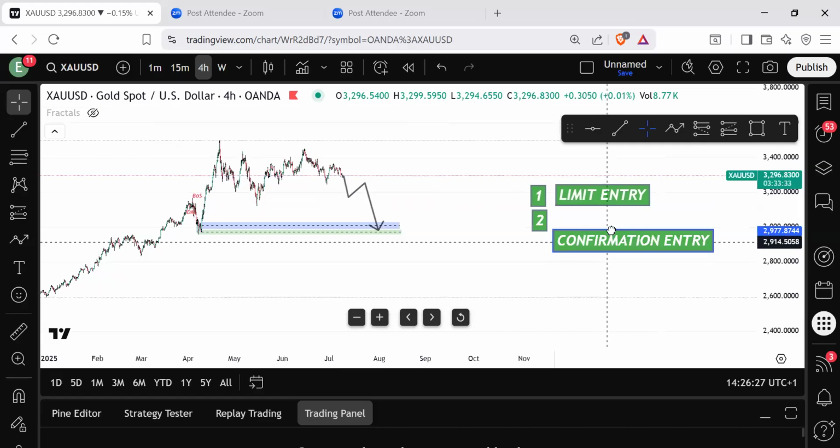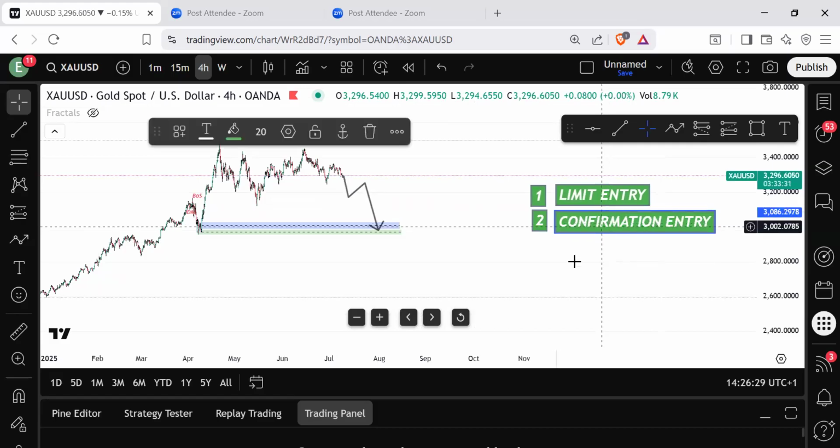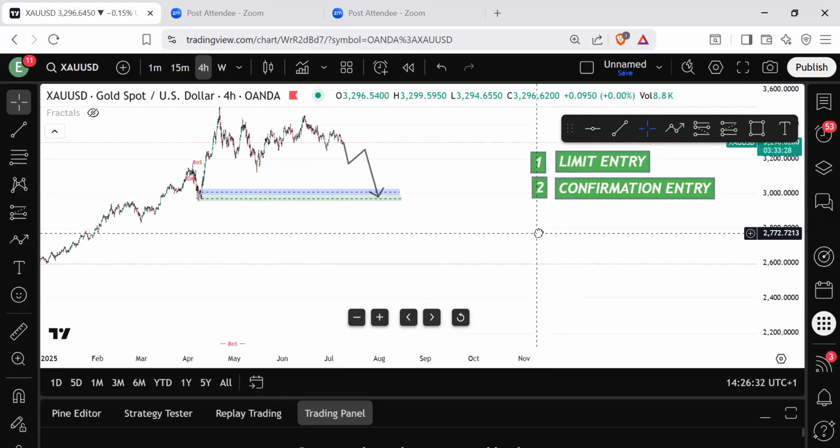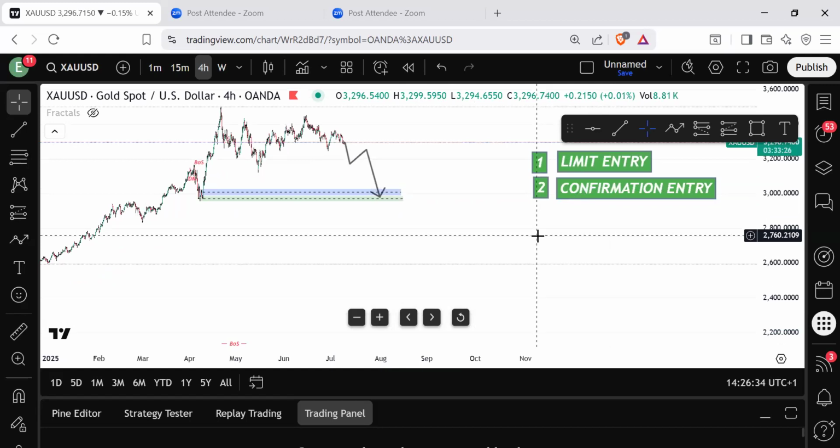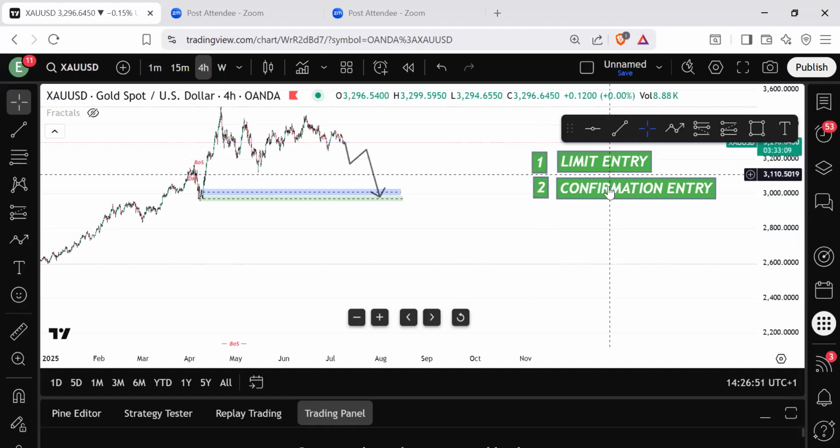Okay. Confirmation entry. And confirmation entry is what you did today, going from the higher time frame to the lower time frame, for CHoCH plus BOS. Yes, that's confirmation entry.